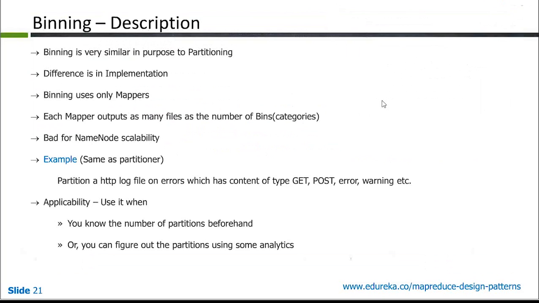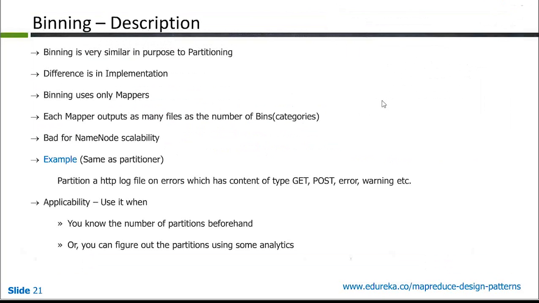The benefit of doing binning is you don't transfer the data at all. The whole of binning happens on the mapper side. But one thing you'll have to keep in mind is because everything is happening on the mapper side, and this mapper is creating those bins, you tend to create multiple files.